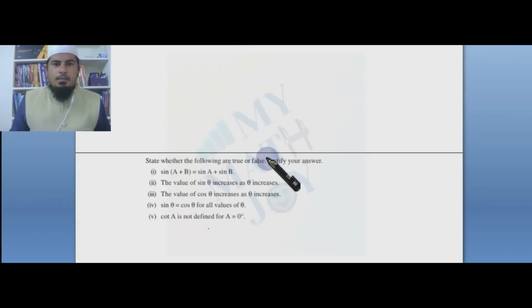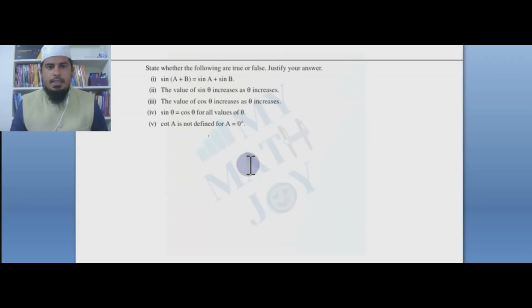Here are some state whether the following are true or false type questions. Question number 1 tells us: tell me whether it is true or false, sine of a plus b is equal to sine a plus sine b.